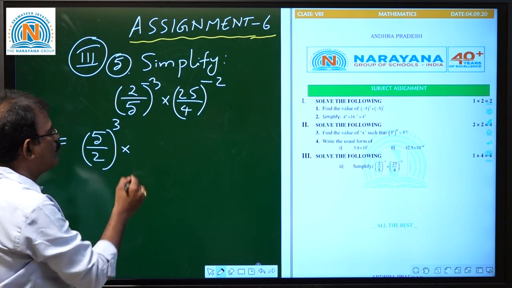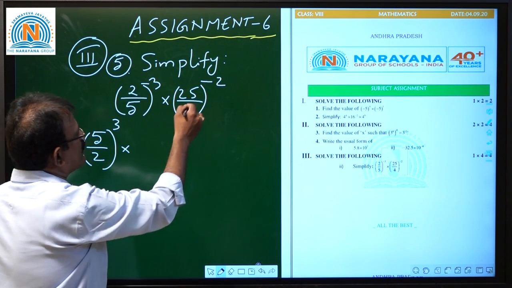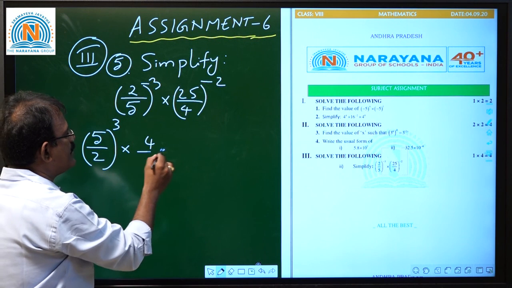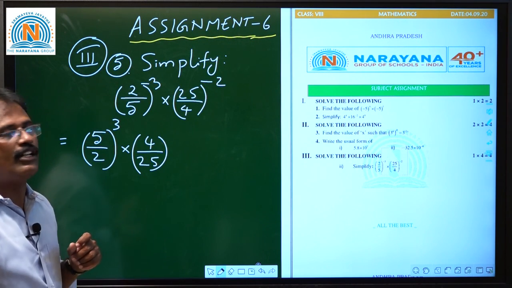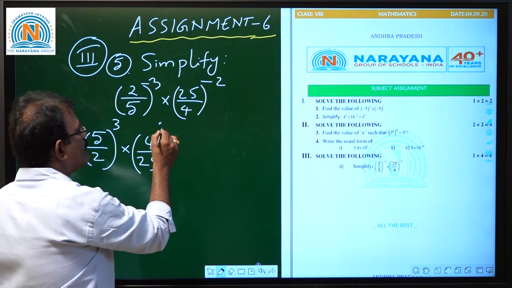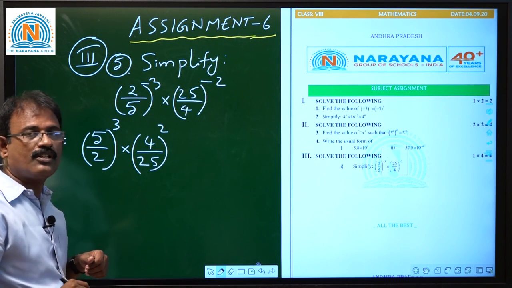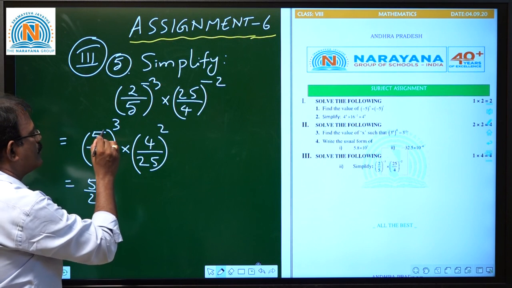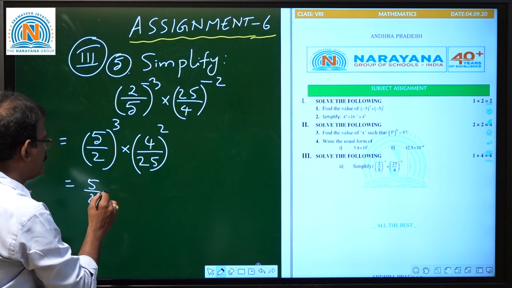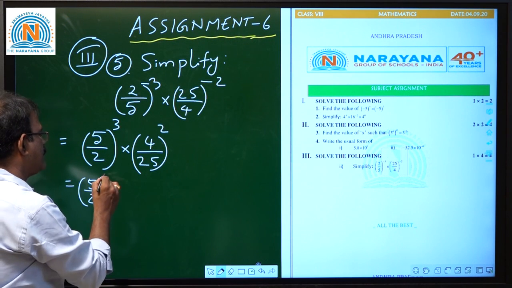And again into, here also, this is 25 by 4. If you interchange the numerator and denominator, the negative exponent will be taken as positive exponent, children. Now this is 5 by 2 raised 3 times. Okay, just keep it.